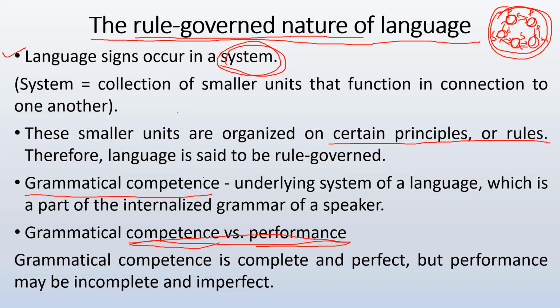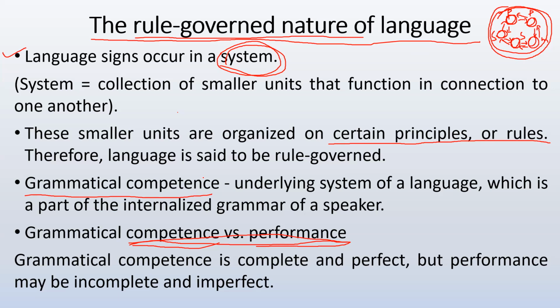After the teacher has taught the tenses, the teacher can ask the students to talk in English using one or two tenses. But when the students start talking, there may be certain mistakes and even errors occurring here and there. So that is their performance.